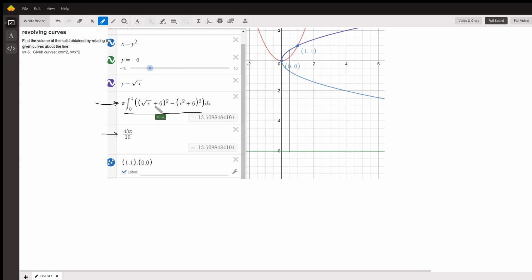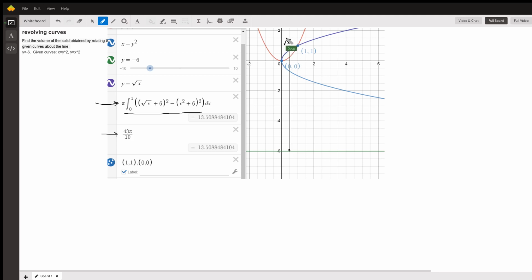The outer radius is the distance from the top to the axis of revolution. Well, for any x coordinate in the interval from 0 to 1, this y value right here is the square root of x. That's the y coordinate.